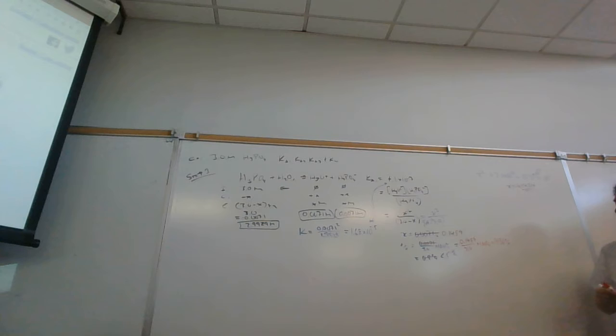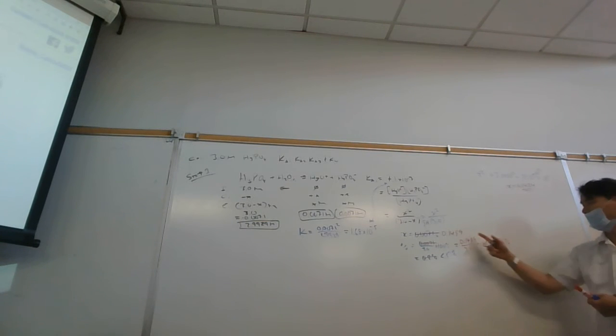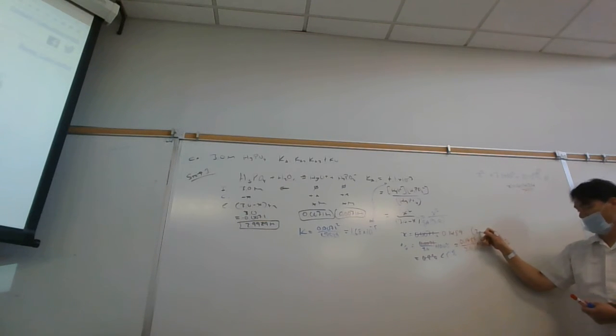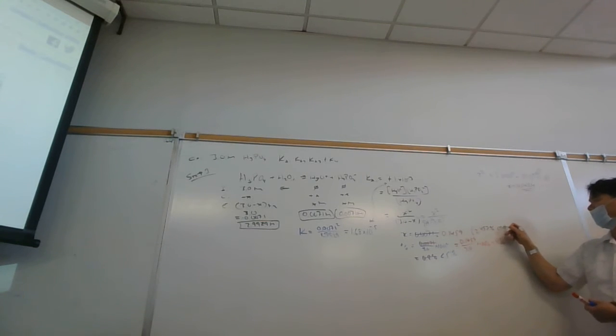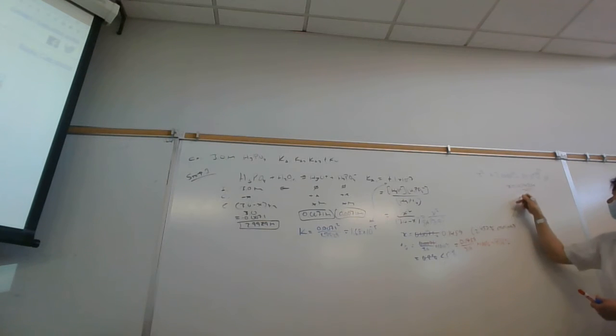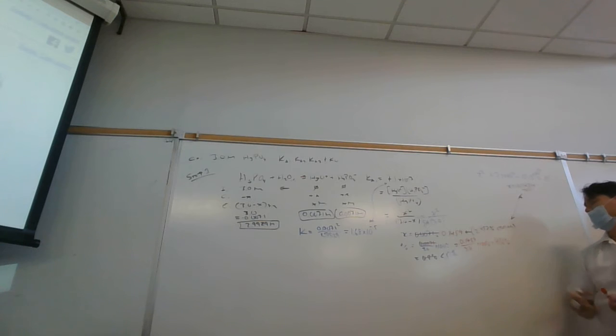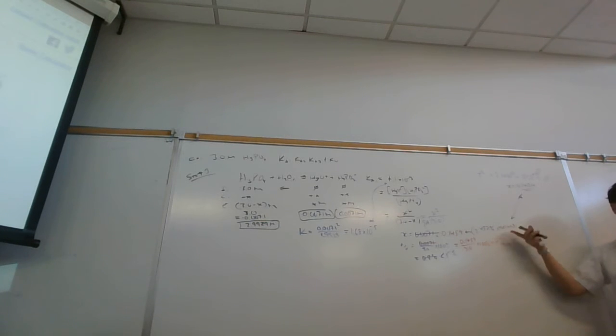And so when we look at our x value, by using the simplifying assumption here, we just introduced a 2.457% error. So is that acceptable? That's acceptable, 2.5% error.